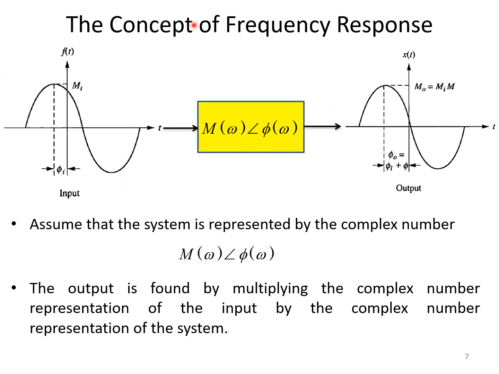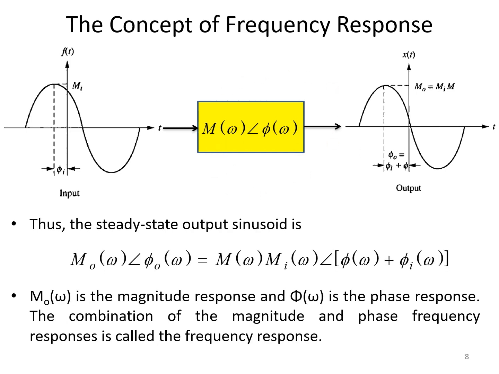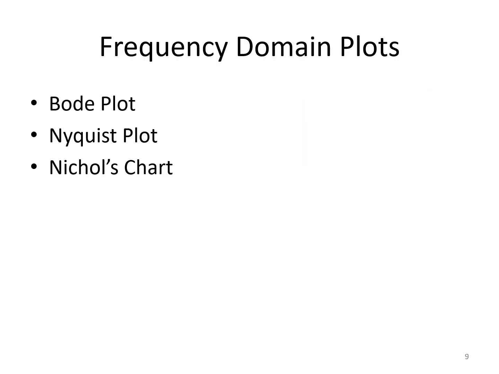This is represented as m naught of omega, angle phi naught of omega, equal to m of omega times m i of omega, angle phi of omega plus phi i of omega, where m naught of omega is the magnitude response and phi naught of omega is the phase response. The combination of the magnitude and phase frequency response is called the frequency response.